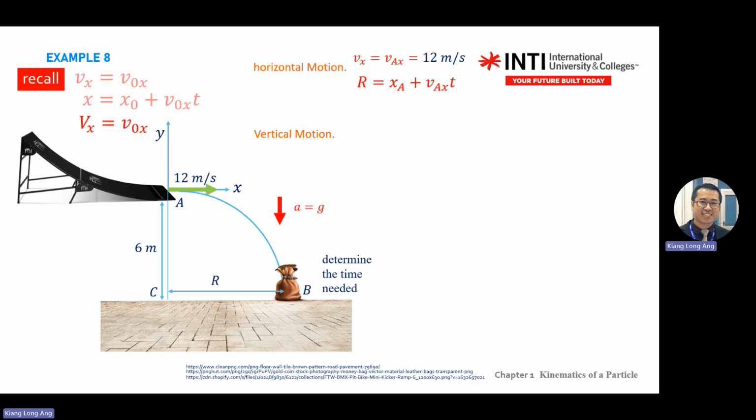You can write this as SB minus SA also, because this is the position in the x direction, SBx minus SAx also works. But just to simplify, I label this one as R.